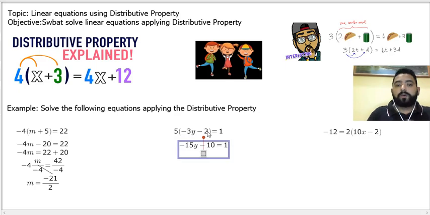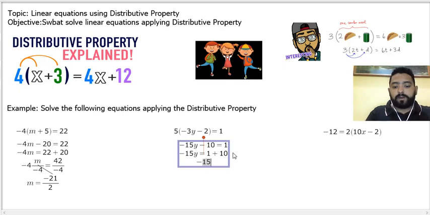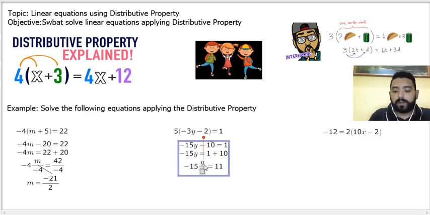Then you're going to arrange variables on one side and constants on the other side. So negative 15y equals 1. Remember, we copy this one first, and then we are going to move this number using the inverse operation. If it's negative, we are going to move it as positive. Finally, we're going to have negative 15y equals 11. Remember, the variable must have a coefficient of 1, so we are going to divide both sides by negative 15.